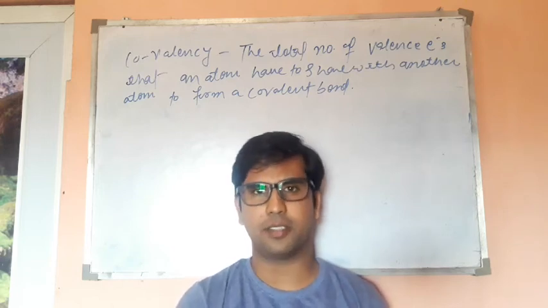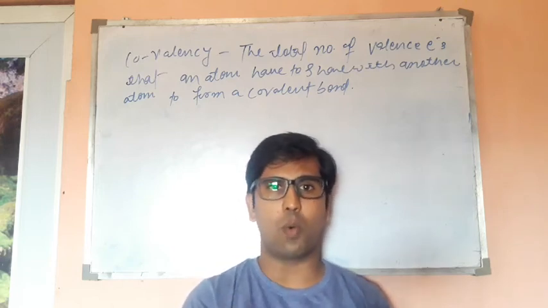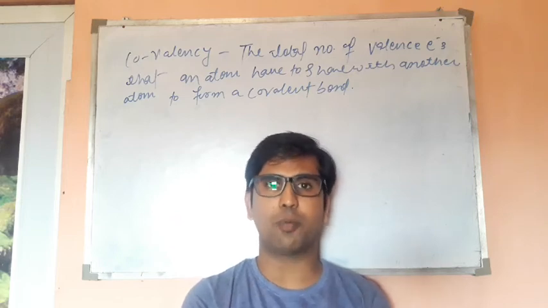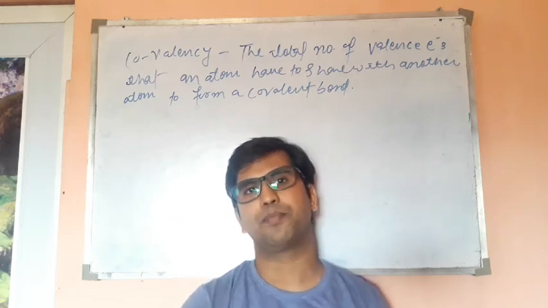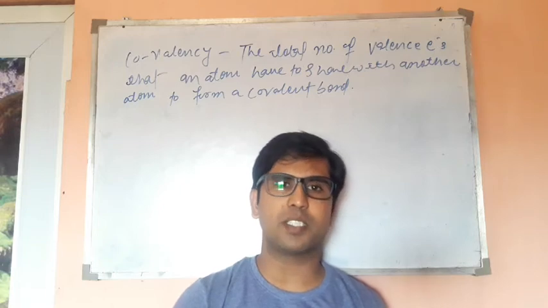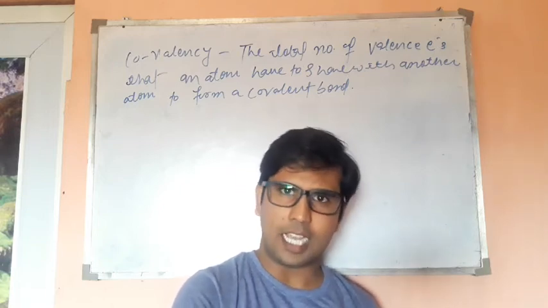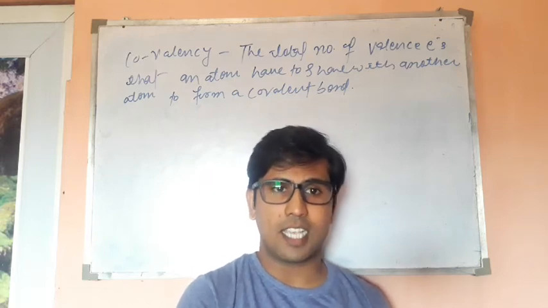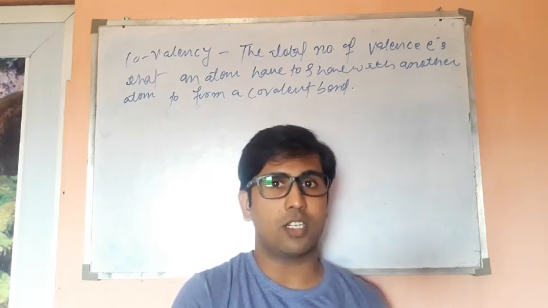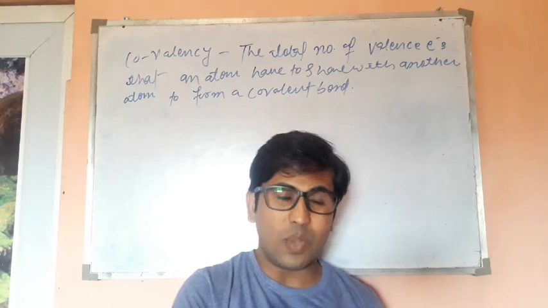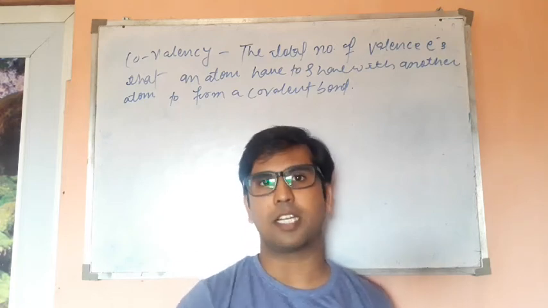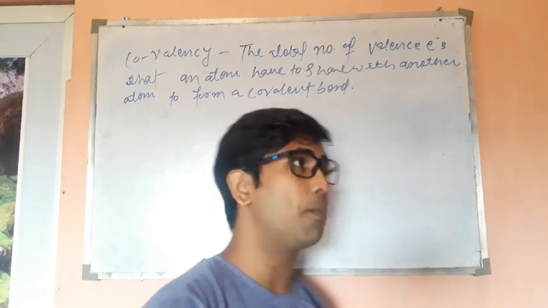They get shared either 1-1 or in groups of 2 or 3. So covalency represents the number of electrons that an atom of any element is willing to share with another atom or molecule.